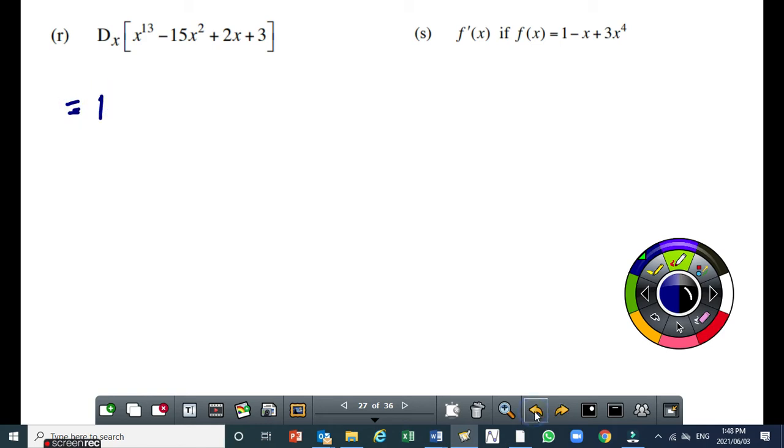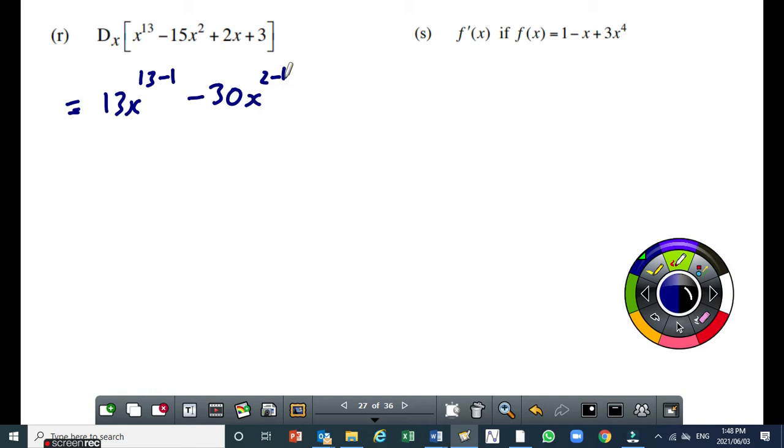So this will be equal to, now I'm going to differentiate straight away because it's already simplified. 13 is the exponent, so that will be 13 times the coefficient of x, which is the 1. So you get 13x to the power of 13 minus 1. Then the next one will be 2 times minus 15, that will be minus 30x to the power of 2 minus 1.